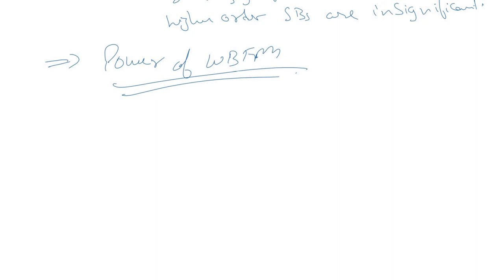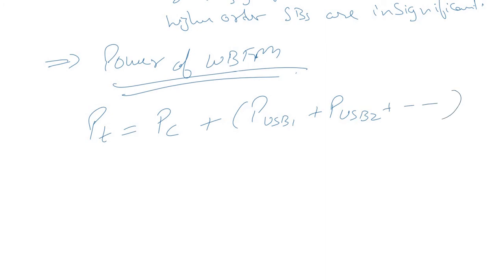In this case there are infinite number of sidebands and a carrier component, so total power will be equal to PC, that is the carrier power, plus the power of upper sideband 1 plus power of upper sideband 2 and so on. Similarly, the power of lower sideband 1 plus power of lower sideband 2 and so on.